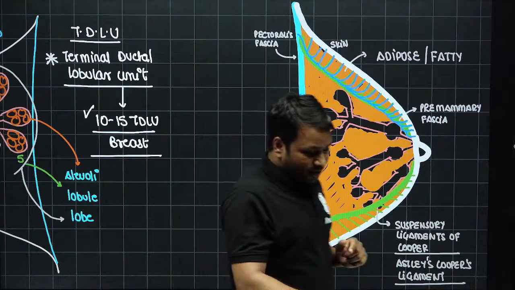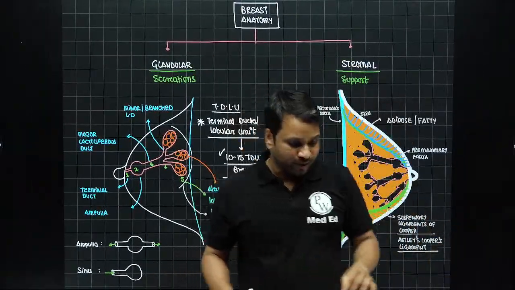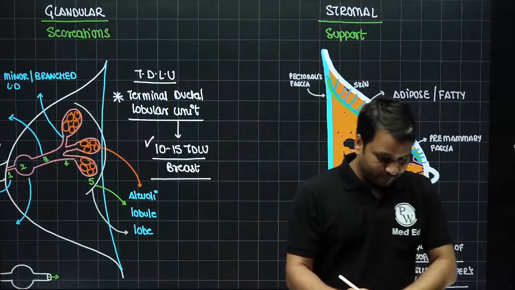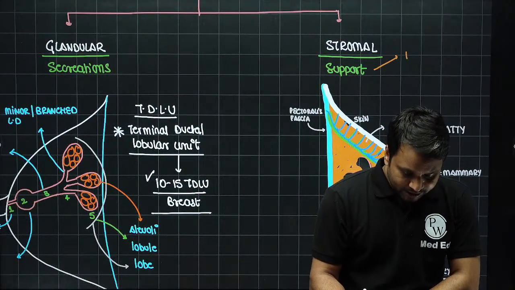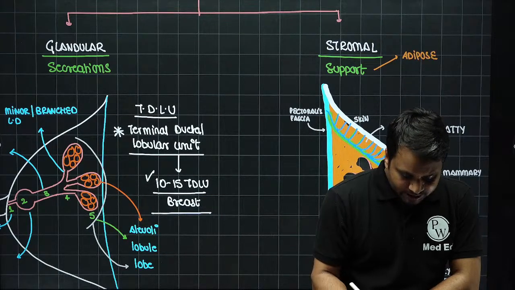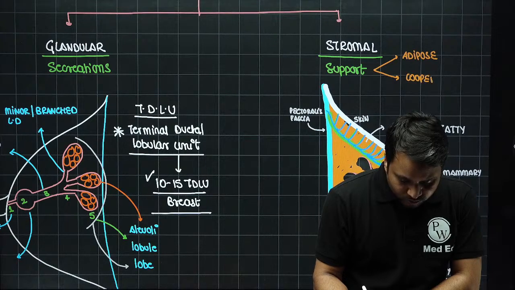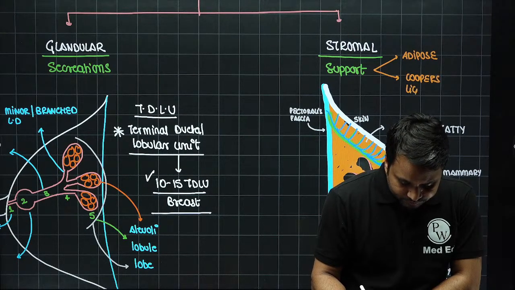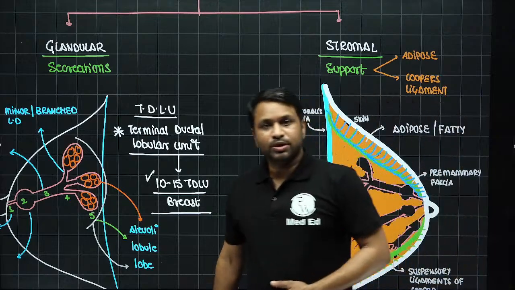So this is the basic anatomical orientation that you need to know with the glandular and the stromal component. So in the stroma, what did we have? We had two important things. One happens to be the adipose tissue. Another one is going to be your Cooper's ligament.